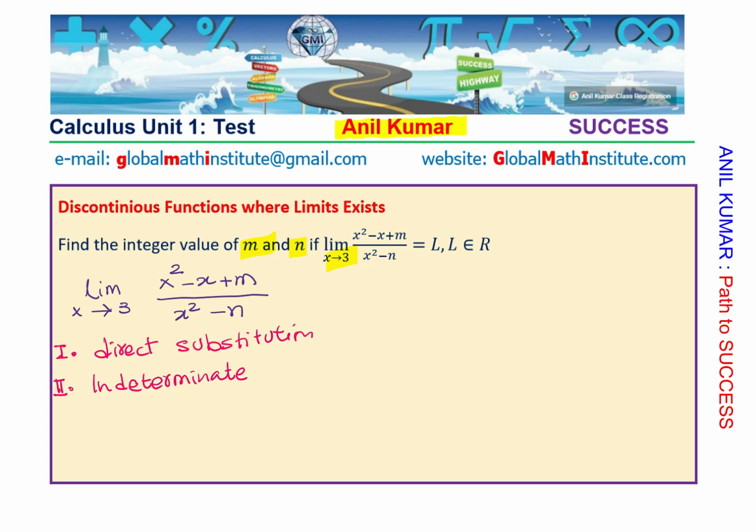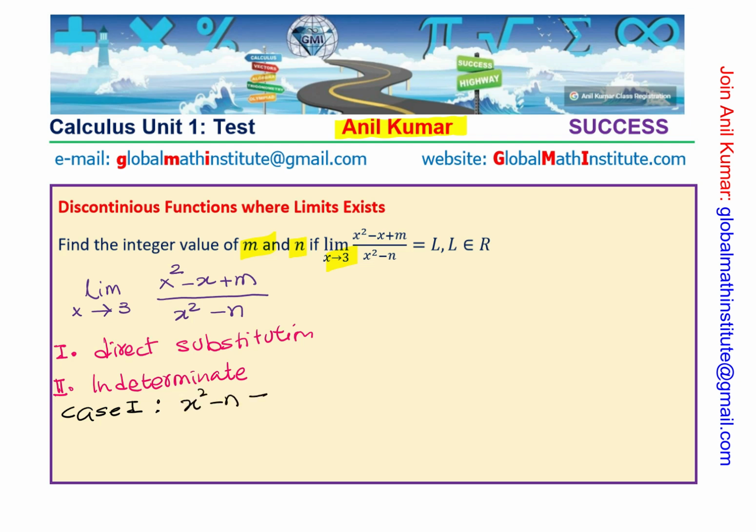In case 1, what really happens is that the denominator for that value is not 0. So you get a real number, right? So for case 1, let me write it: x square minus n is not equal to 0 for x equals 3.